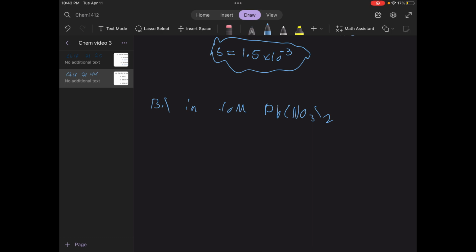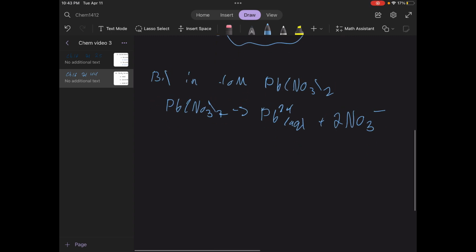So we know Pb(NO3)2 is going to completely dissociate also. So it's going to be something like this: Pb2+ aqueous plus 2 NO3 minus.